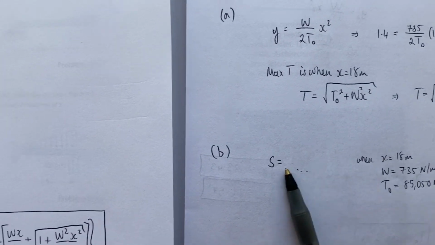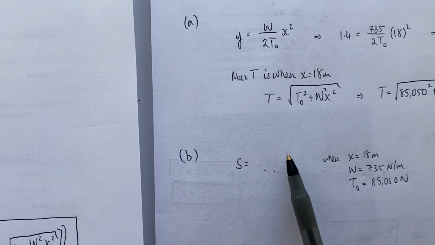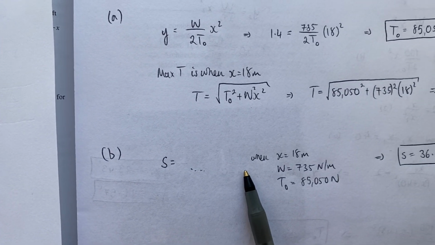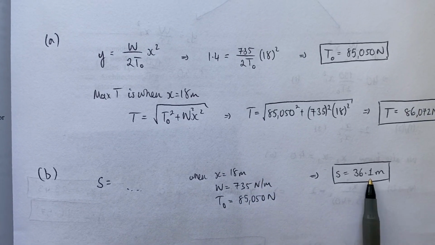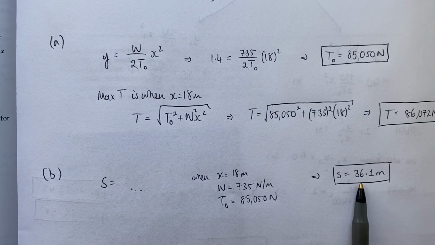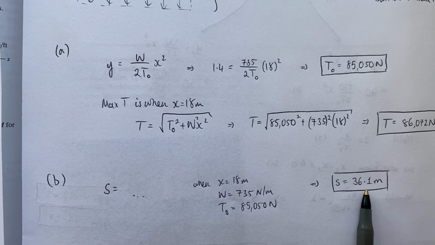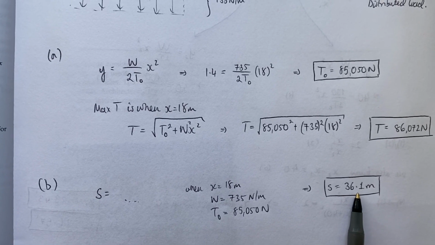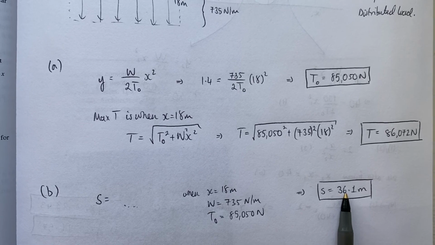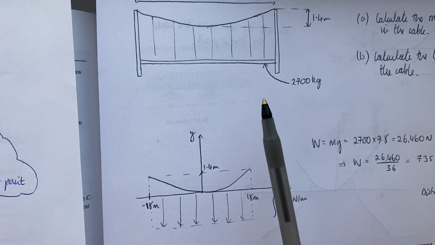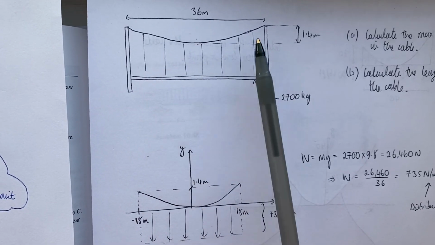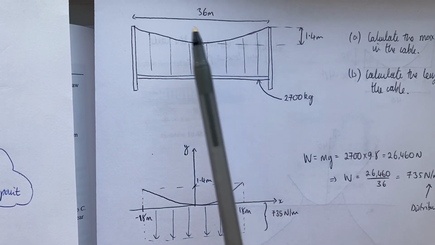And I've spared you all of that writing, so I've basically plugged in these values which I found above to find that the length of the cable is 36.1 meters. So it's only 10 centimeters longer because of the 1.4 meter droop, right?